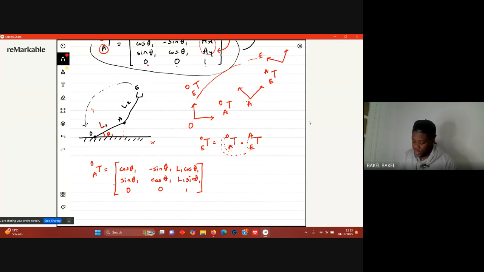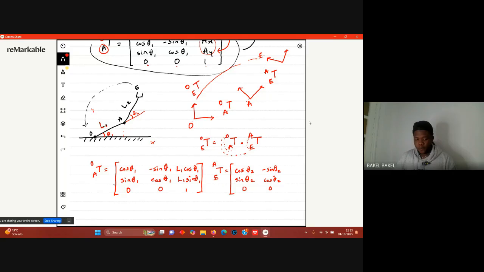That being said, we can also say T, E, A is equal to cos theta 2, sine theta 2, 0, minus sine theta 2, cos theta 2, 0.